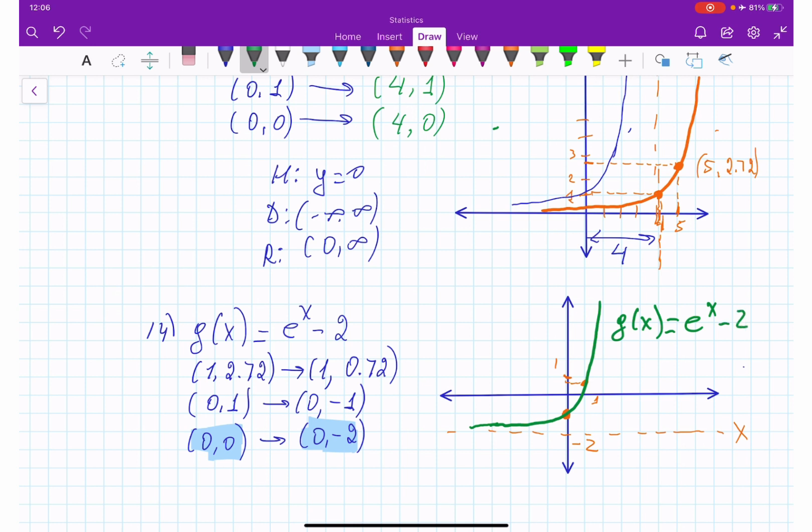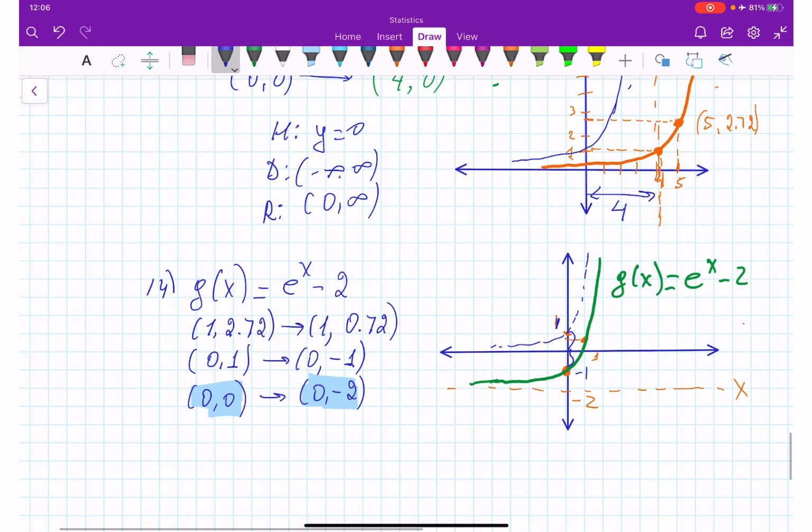Indeed, see, if my original one would go like this, so we shifted by 2 down, right? This is 1, this is negative 1, by 2 points down. All right? 2 units down. The rest is the same.